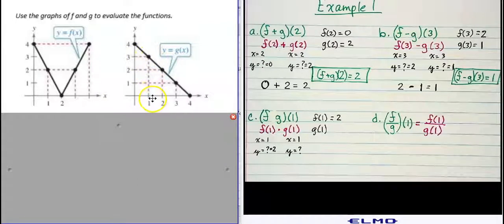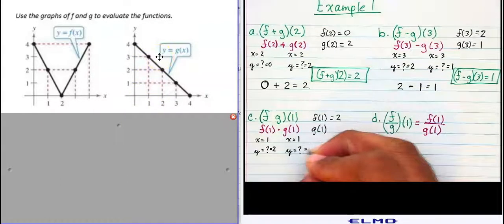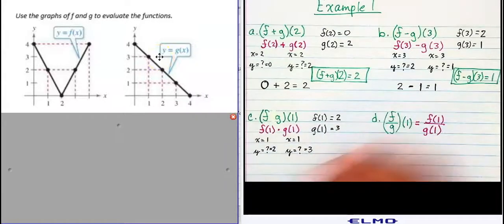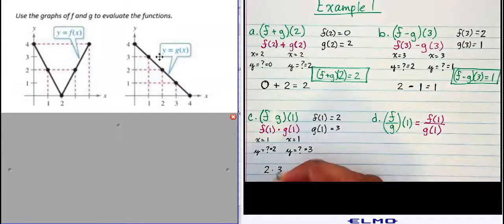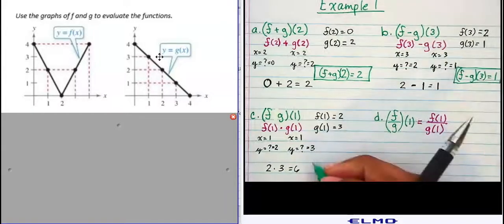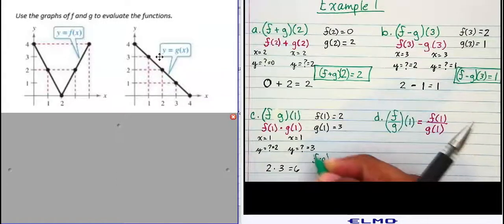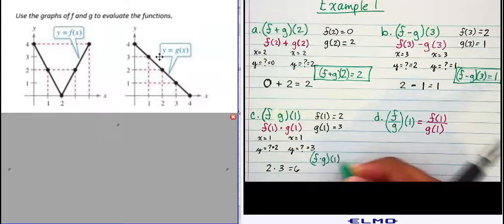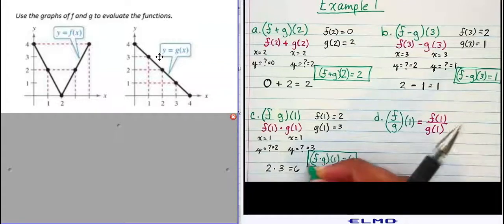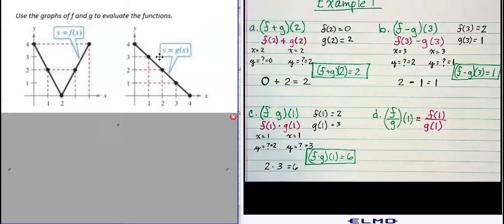So 1 equals 1, and that's 3. So we'll do 2 times 3, which is 6. And so f times g of 1 equals 6. Simple, easy, not hard. We got this.